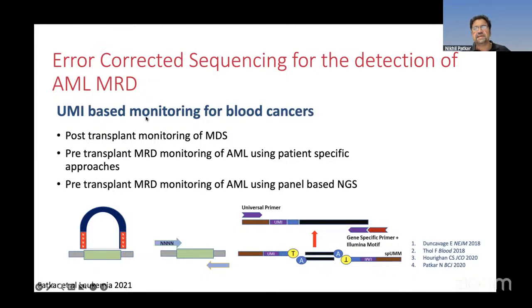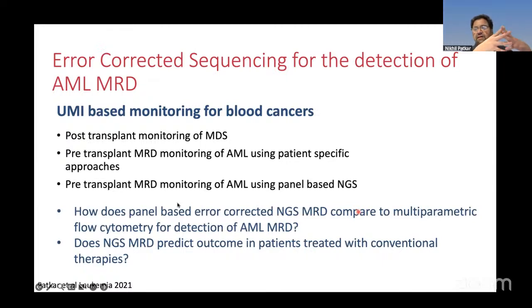UMI-based monitoring for blood cancers has been demonstrated in post-transplant monitoring of MDS, transplant monitoring of AML, and pre-transplant, and several other papers were there. Right at the time of DNA preparation, either by primers, by molecular inversion probes, or by capture methods, when you prepare the libraries, you introduce those UMIs, and those UMIs help in getting rid of sequencing errors.